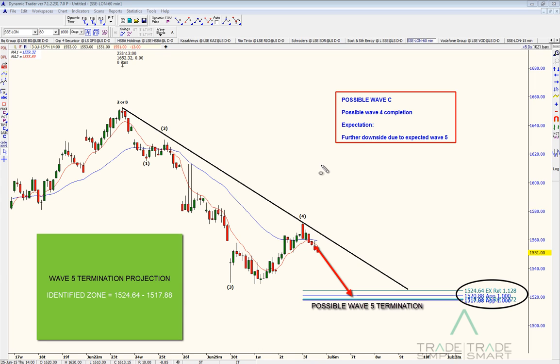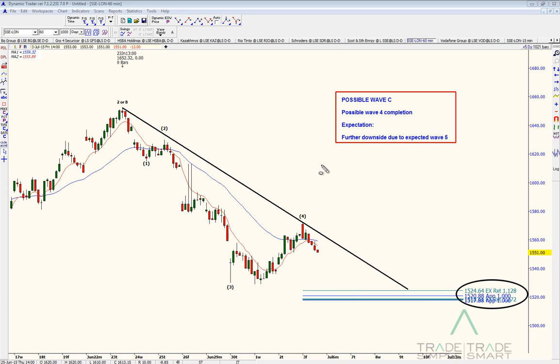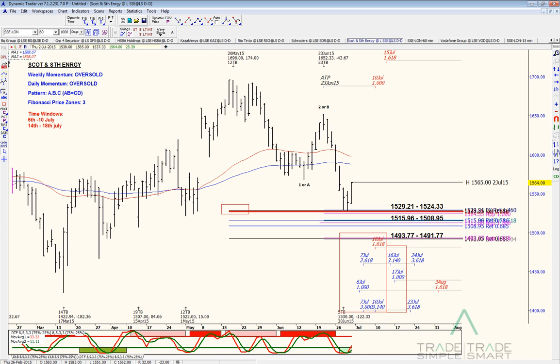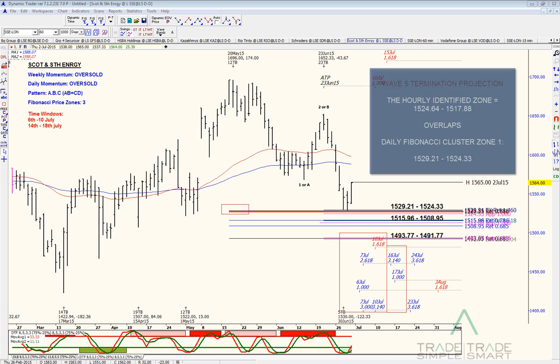Now, this doesn't necessarily mean that wave 5 will end here, but it's certainly going to be a high probability place for termination, and somewhere we would want to pay attention to when we're looking for an entry trigger. Cross-referencing that with our daily time frame, we can see that that overlaps with our first zone.